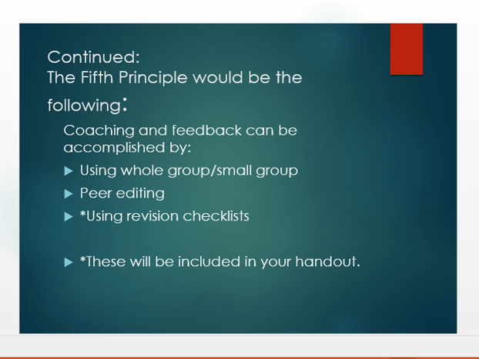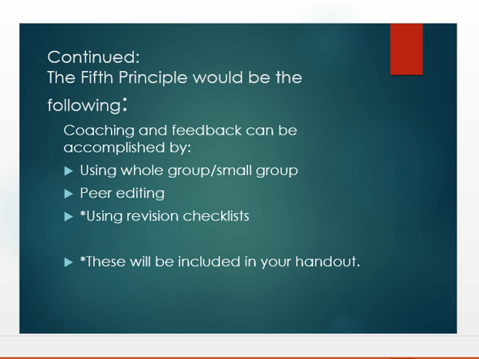And finally, the fifth principle would be the following. Coaching and giving feedback can be accomplished by the teacher giving feedback to the whole group, which includes the entire class, or to small groups of students.